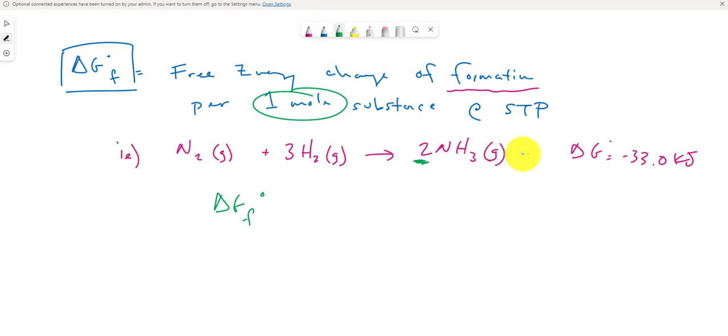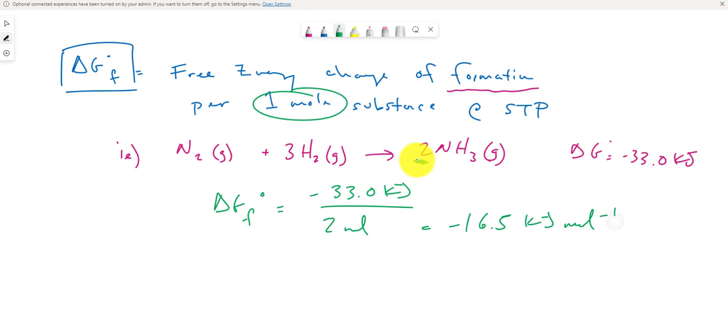This is written out for 2 moles of the substance. So this would actually be minus 33 kilojoules divided by 2 moles, and that would give us half of that, 16.5 kilojoules per single mole.